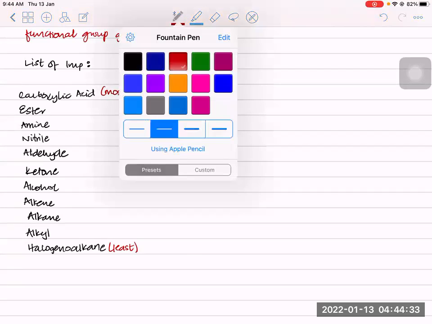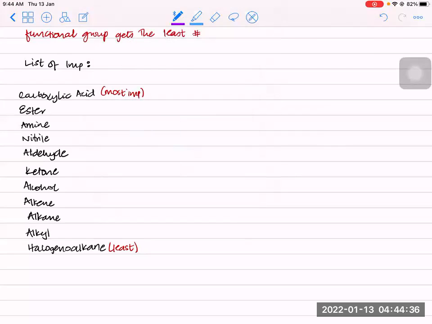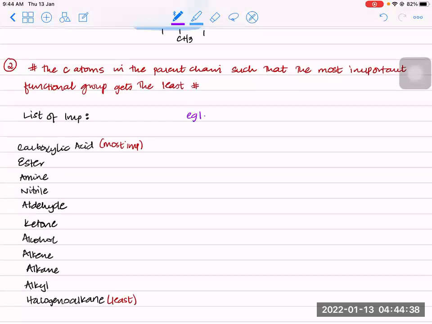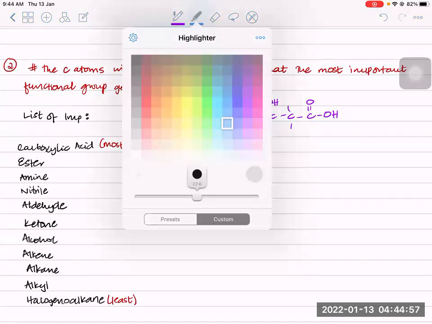Now let's see an example. So you have example 1. Let's see. The first thing is you pick the longest carbon chain. And then you number your carbon atoms such that the most important functional group gets the least number.